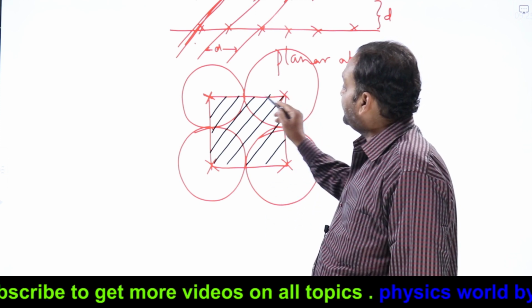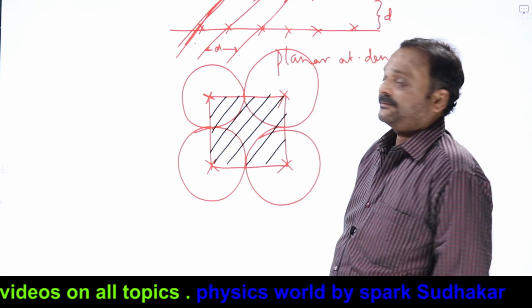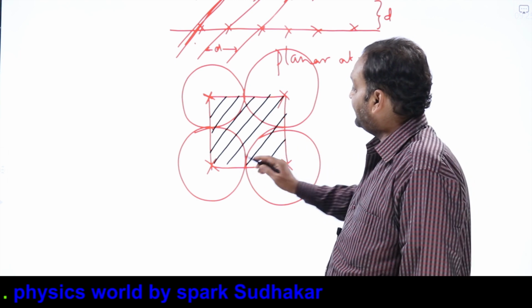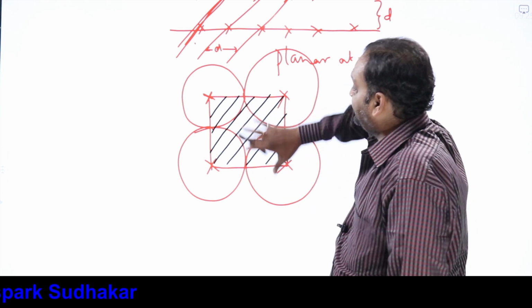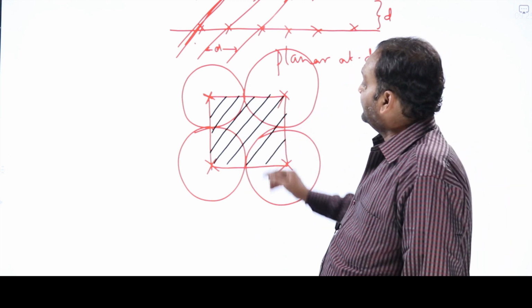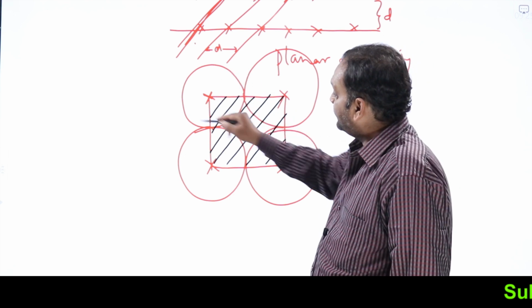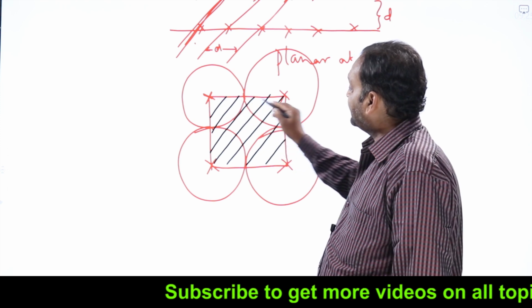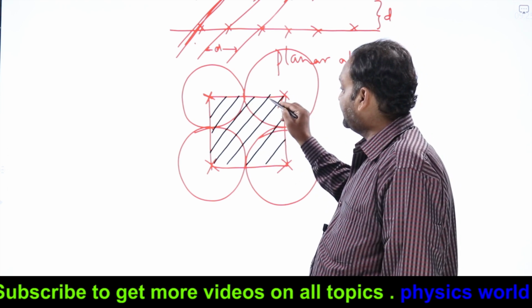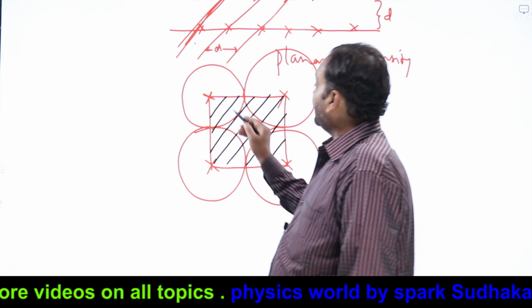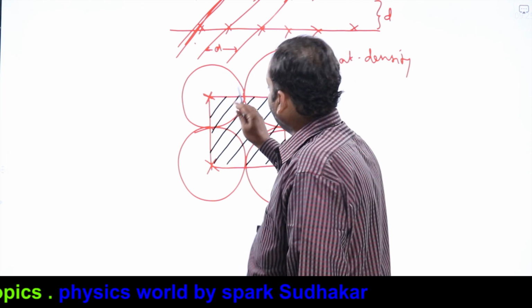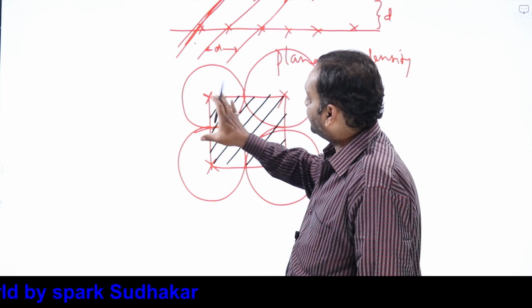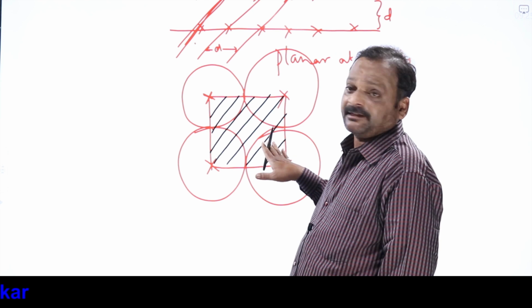Now, in the 100 plane, effectively how many atoms are present? How many atoms is the 100 plane effectively covering? Though this atom is on this corner, the entire atom is not covered by the 100 plane of this unit cell only. Only 1/4 of this atom's area is effectively coming into our unit cell.